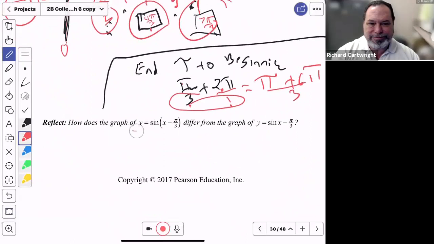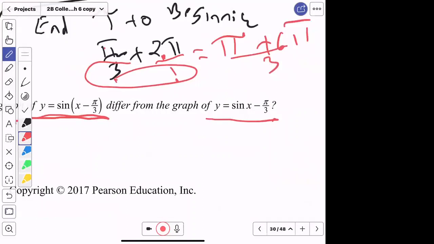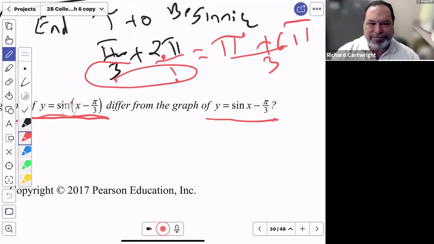How does the graph of this problem differ from the graph of this problem? Notice the differences. One's in parentheses. That one's in parentheses, meaning that this function has to move pi over 3 to the right because there's a minus there.